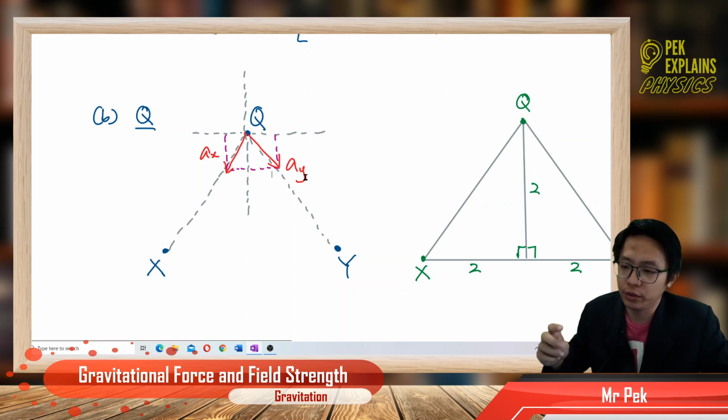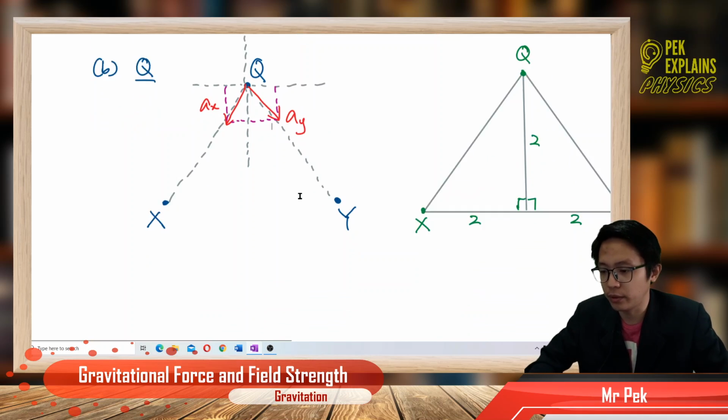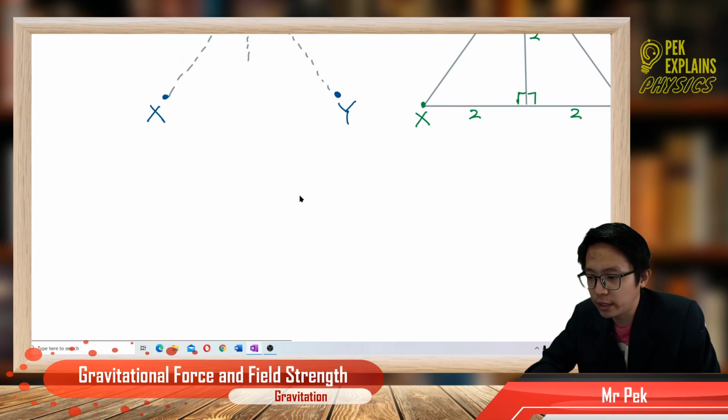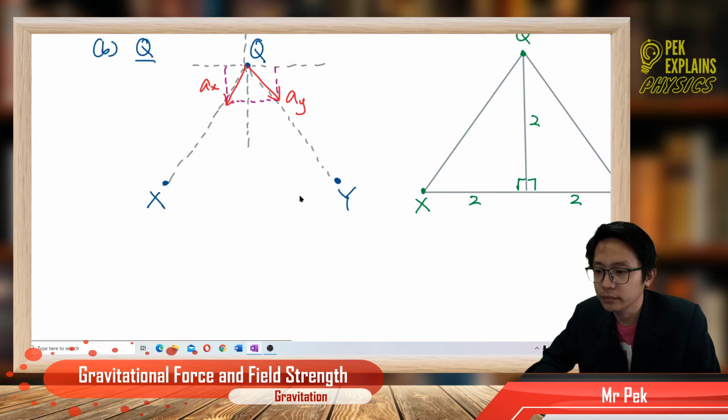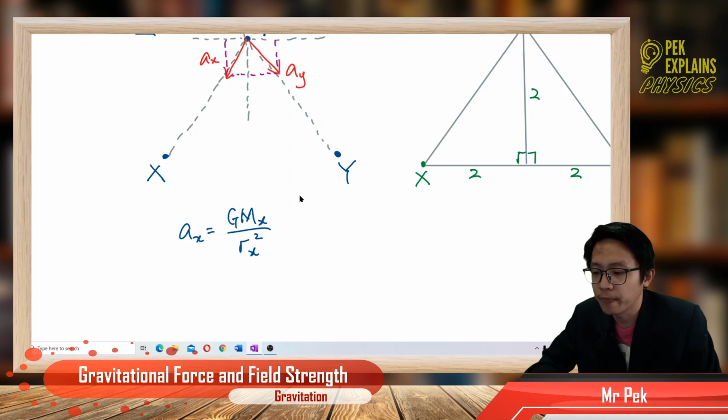So first of all, you need to find AX and AY. Let us continue with finding AX and AY. AX is equal to the formula G Mx over Rx squared.